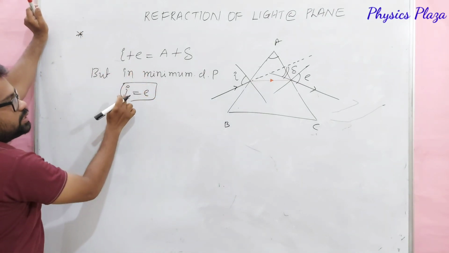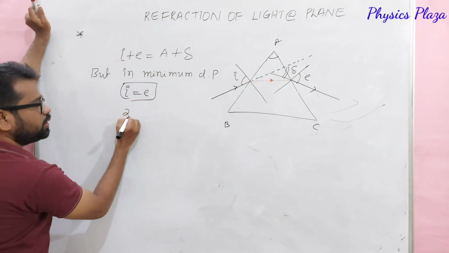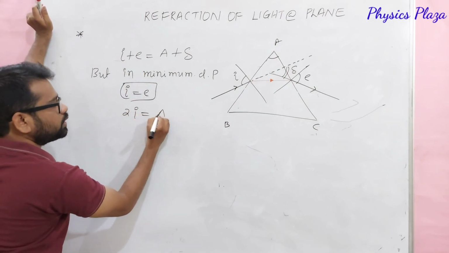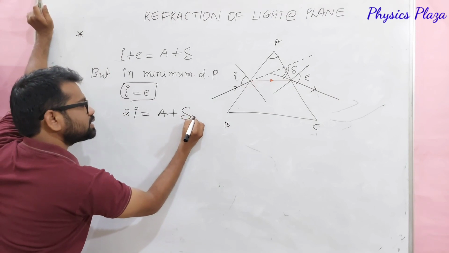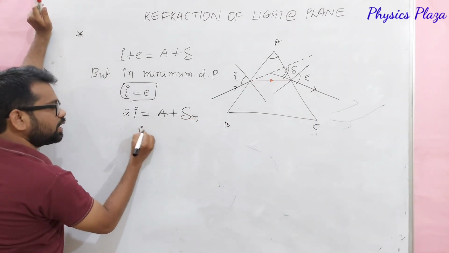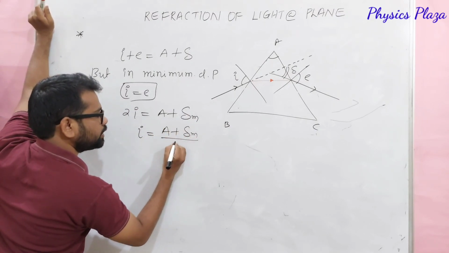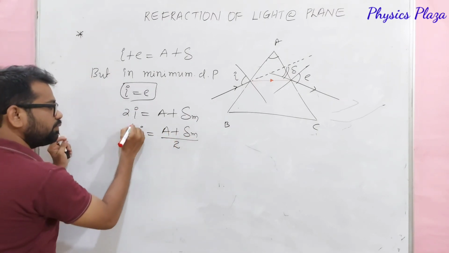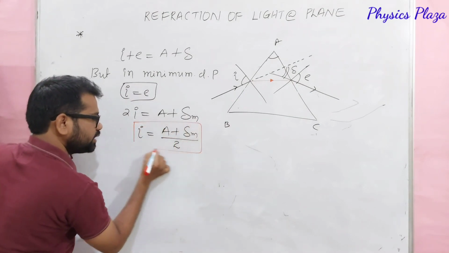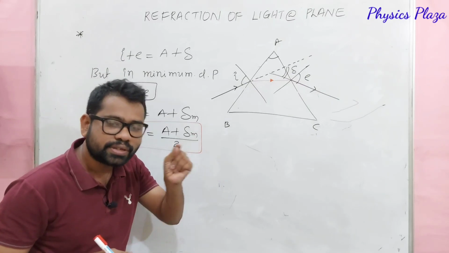As I is equal to E, we can write I plus I, so 2I is equal to A plus delta. Here delta is the angle of minimum deviation. Then I is equal to A plus delta m by 2. We use this formula to calculate the angle of incidence when the angle of the prism and the angle of minimum deviation are given.